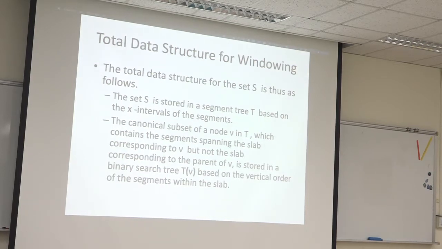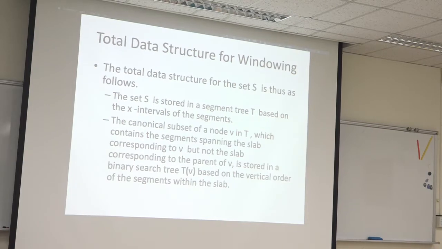Remember those four cases? The first two cases and part of the fourth case can be dealt with by the range tree, if at least one endpoint falls in the window.